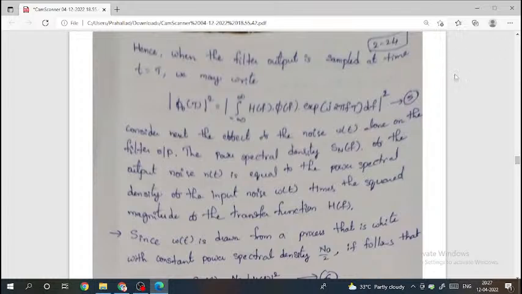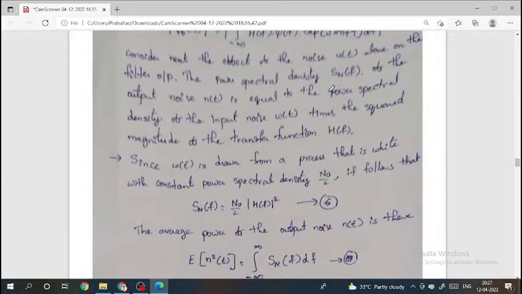Now the power spectral density Sn of f of the output noise N of t is equal to the power spectral density of the input noise W of t times the squared magnitude of the transfer function H of f.